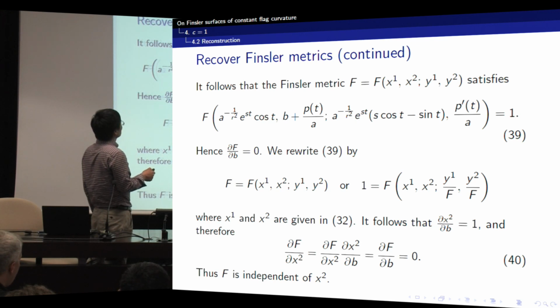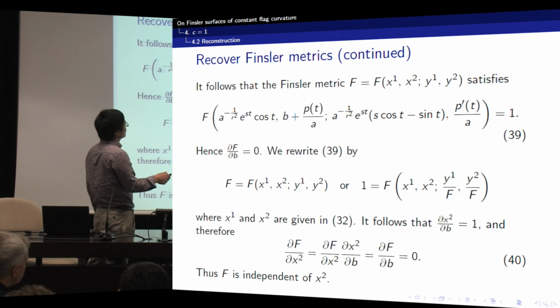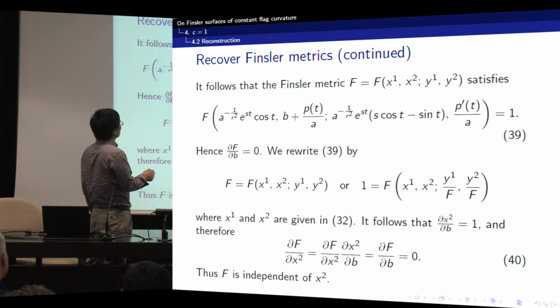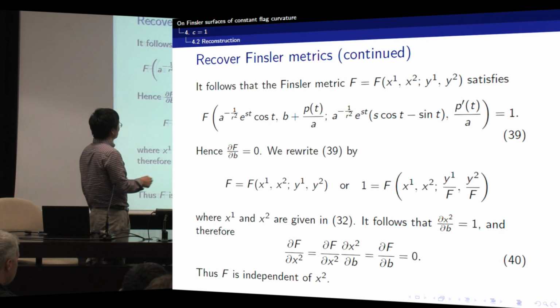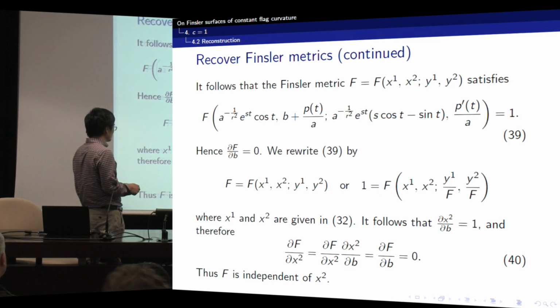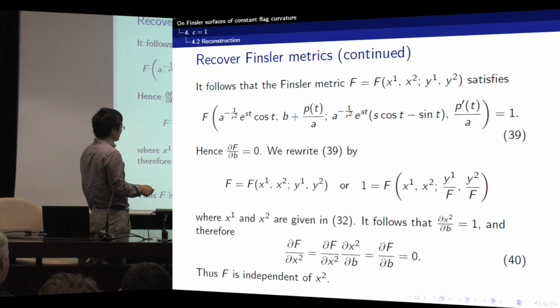It follows the Finsler metric F equal to F(x1, x2, y1, y2). Here x1, x2 is a point, and y1, y2 is a tangent vector satisfying this formula. Because partial F partial b is equal to 0, we can rewrite this formula by this one, where x1 and x2 are given by (32).